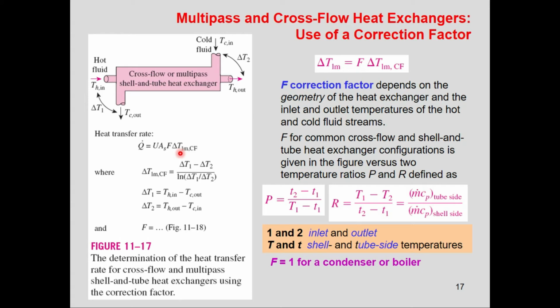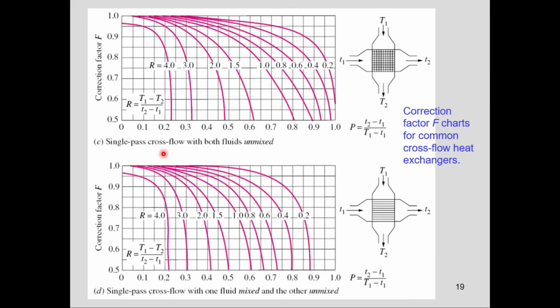You can calculate the log mean temperature difference by putting all 4 temperature values in this formula, and then you have to calculate the correction factor as well, and you have all the values except the surface area. So you will keep the surface area on the right hand side, and all the remaining variables are taken to the left hand side, right? In this way you will have the value of the surface area. From this surface area you can choose a particular heat exchanger for your particular application.